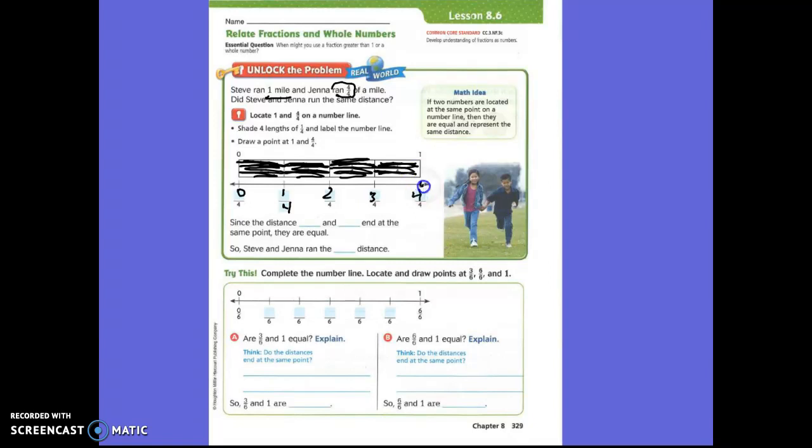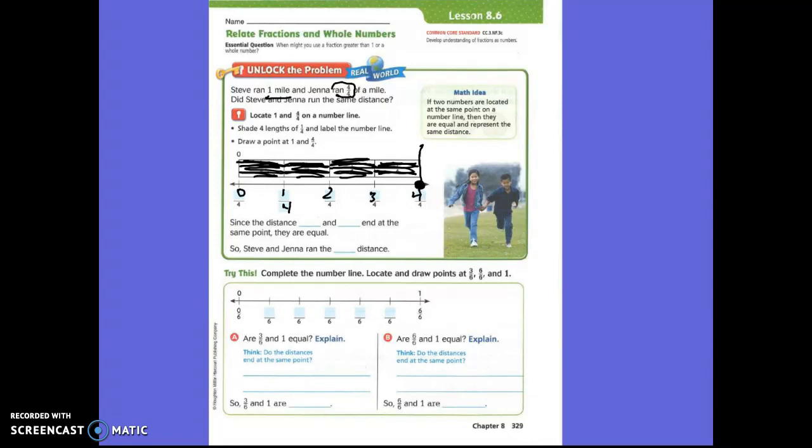Okay, 4/4 is right here. And guess what, boys and girls? 1 is also right here. 4/4 and 1 are the same. If you do your fraction strips like we did the other day, I showed you how that one long strip, and then if I had 4/4 right beside it, it was the same size as the 1.